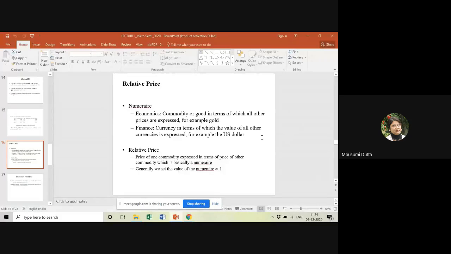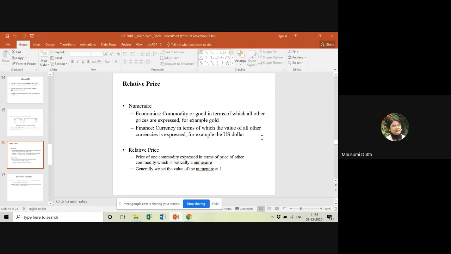So converting prices of commodities in terms of a single unit is called setting a numeraire. Now, as beginners, when we consider the two commodity world, X and Y, the price of X is given by Px, the price of Y is given by Py, and we talk about the relative price.